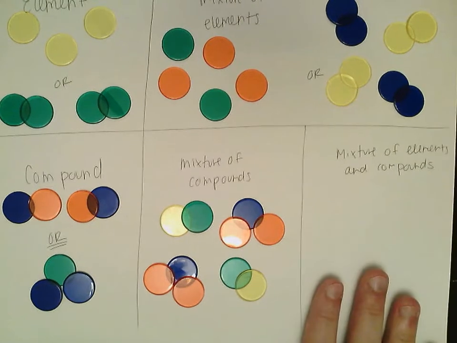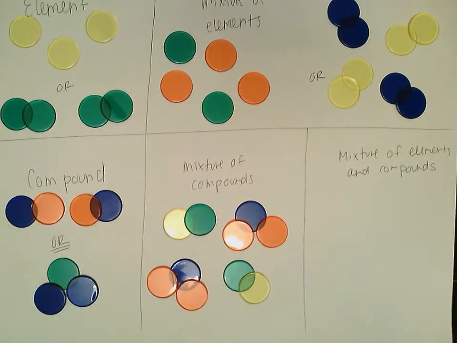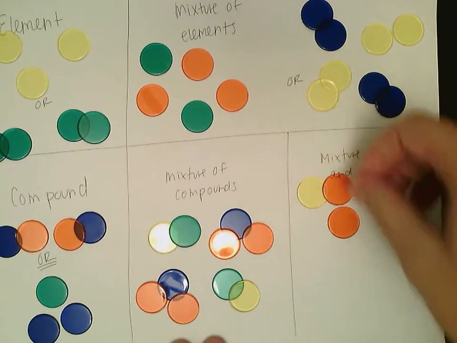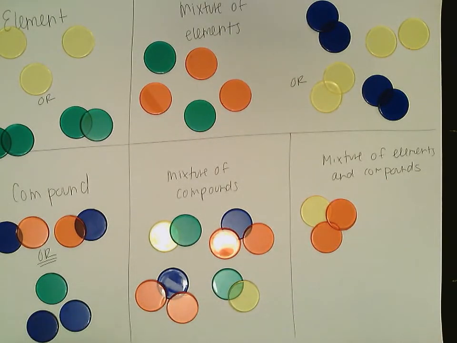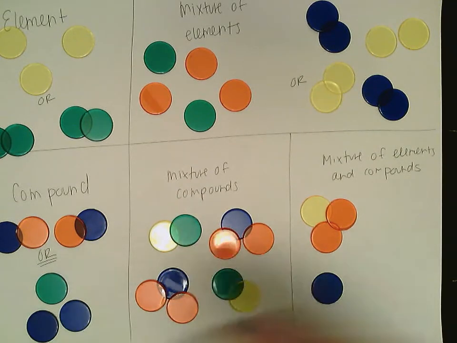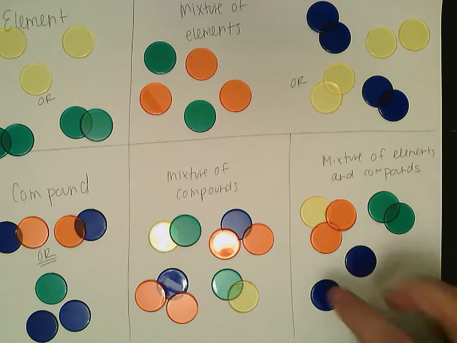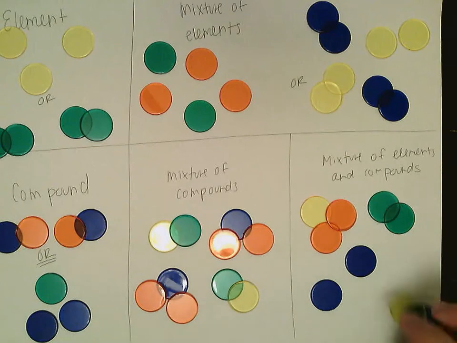Okay. And our very last one is a mixture of elements and compounds. So we could have some compounds. Say there's just a compound, and there's an element. Here's another element. Maybe we do another compound.